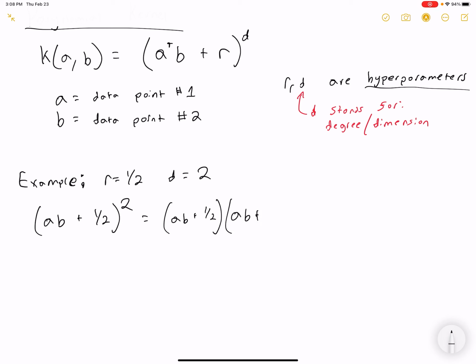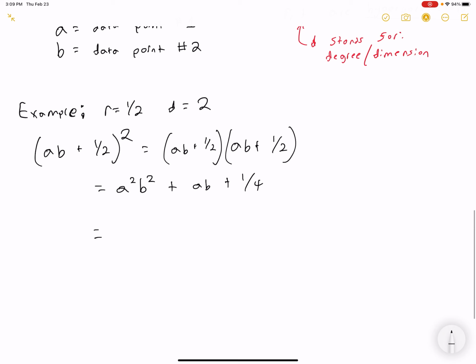Comes out to be this: a squared b squared plus ab plus 1/4. And the observation is that that is also equal to this dot product.